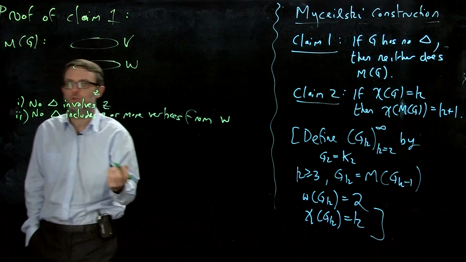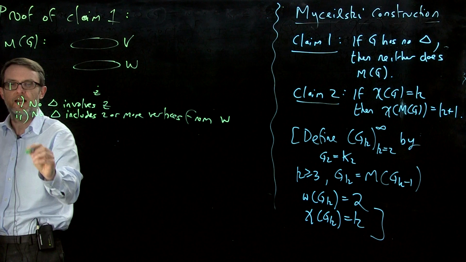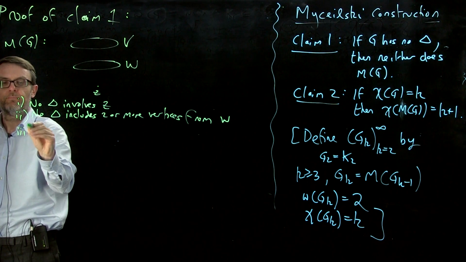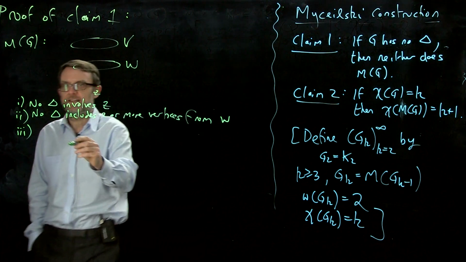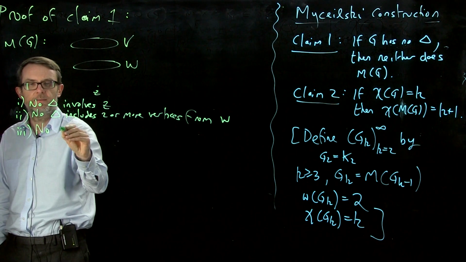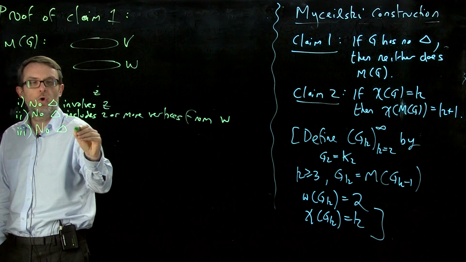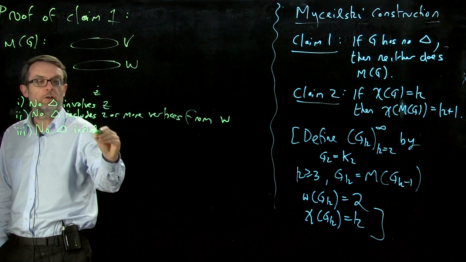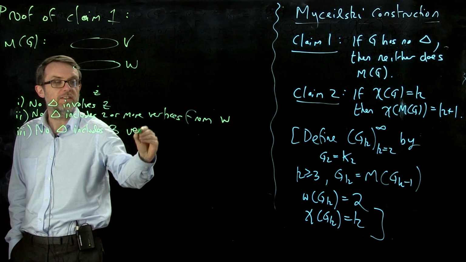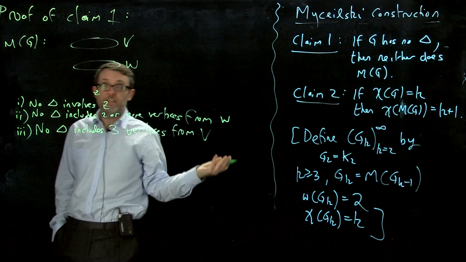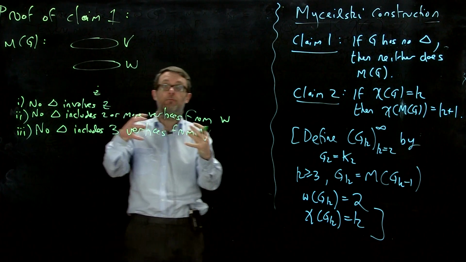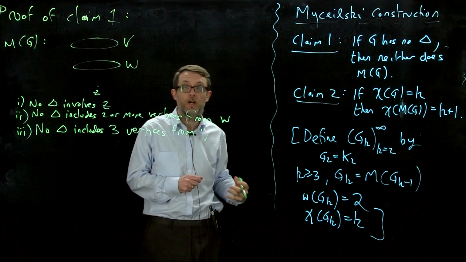And one more case before we get to the meat: no triangle includes 3 vertices from V, because V is a copy of the original graph G, and we're assuming that that's triangle-free.